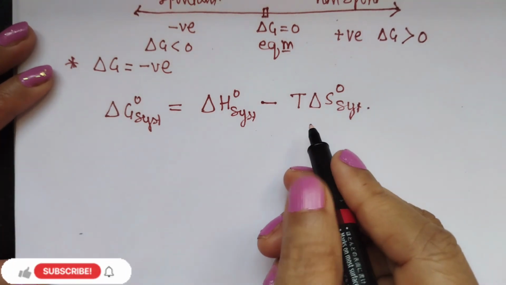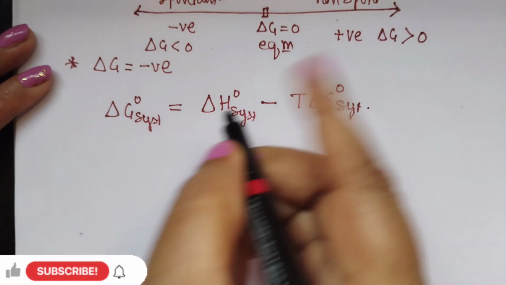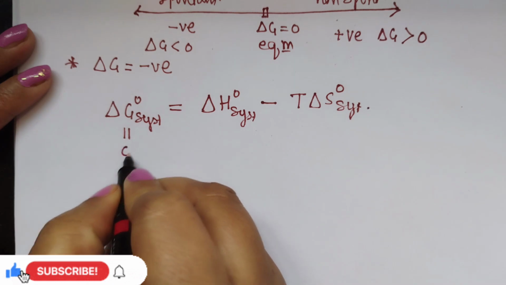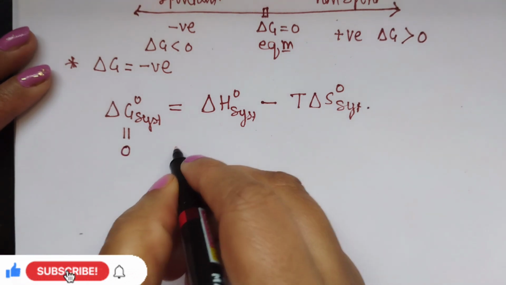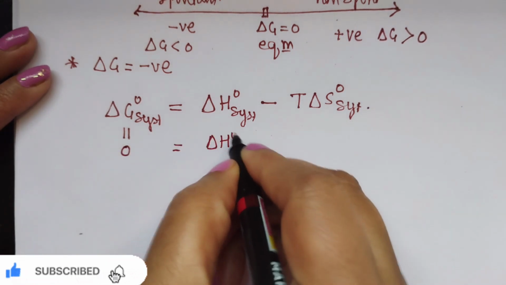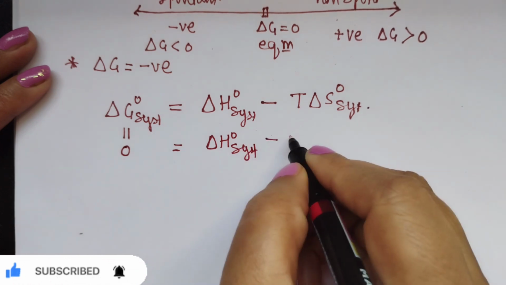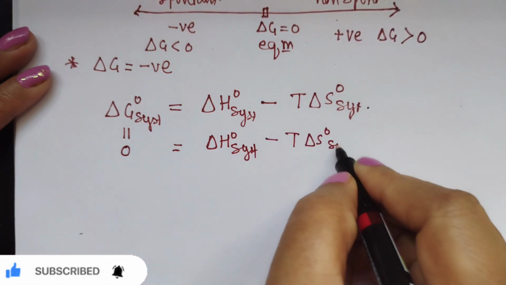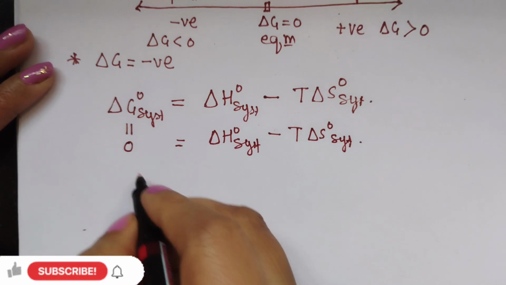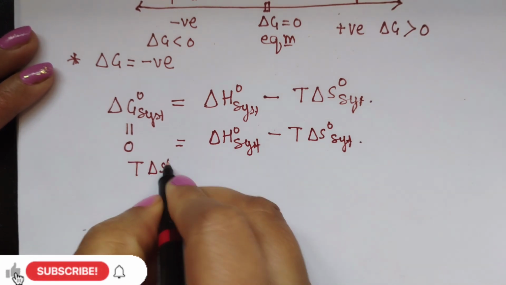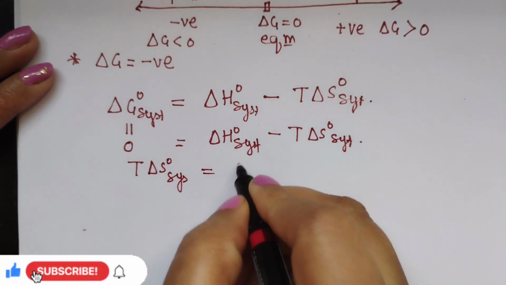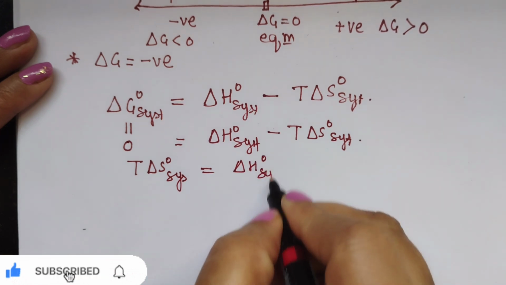Let us calculate this. So at equilibrium, delta G value will be 0, then delta H standard of the system minus T delta S of the system equals 0. So rearranging this equation, T delta S standard is equal to delta H of the system.